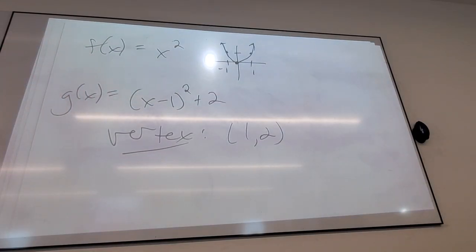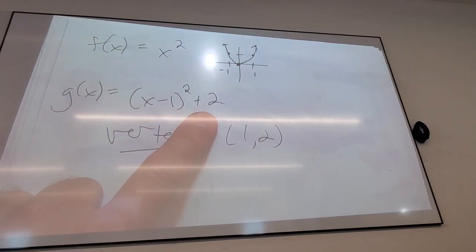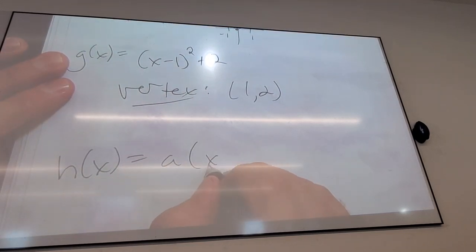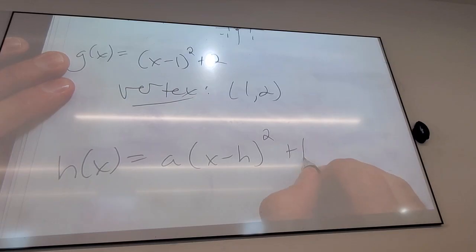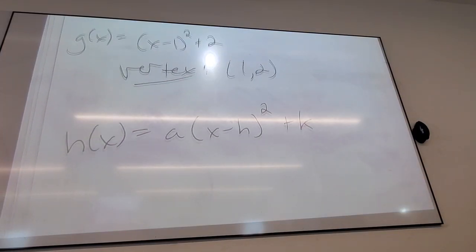Okay. You're never going to believe what we call this form. We call this form vertex form, because we're just so smart. So watch this. If I have a quadratic that is in this form, why is it h and k? I actually have no idea.